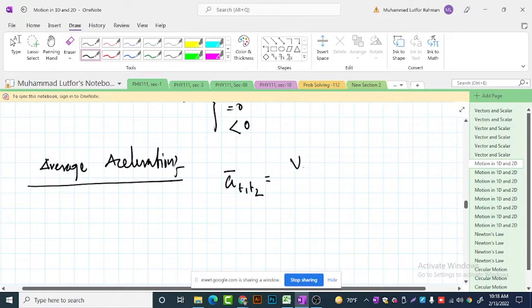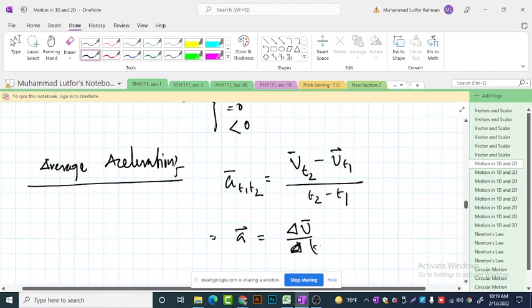Because we define acceleration as the rate of change of velocity, it would be velocity at t2 minus velocity at t1, divided by del t. Del t means I should write t2 minus t1, right? Then this average acceleration would be basically del v over del t. That would be my average acceleration.